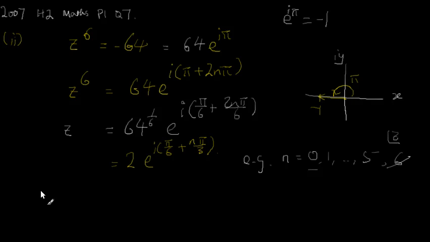The condition is that if we call that r and call that theta, the question wants theta to be more than minus pi, but less than or equal to pi. So let's check whether these values of n would give theta in the right range.